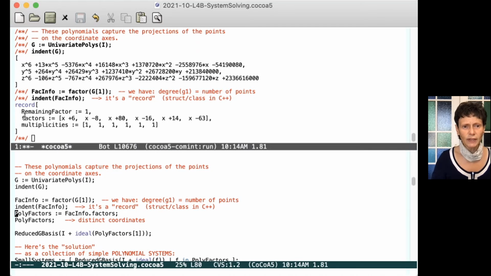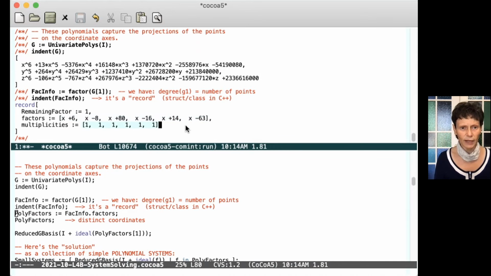We have 3 fields: the factors themselves, the multiplicity of the factors, in this case they're all simple factors, and the remaining factor, which is the leading coefficient of my polynomial divided by the leading coefficient of these, which is 1 in this case. Nothing that is interesting for us, really. The only interesting thing is the factors themselves.